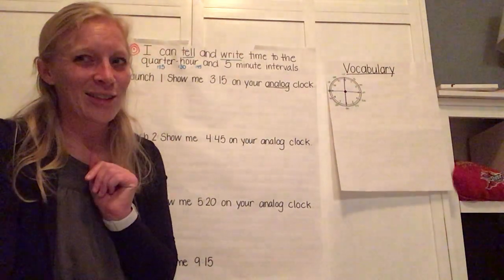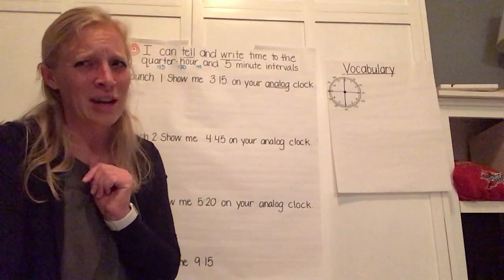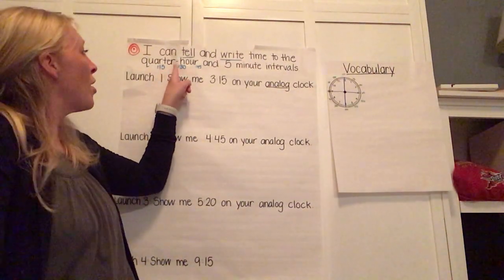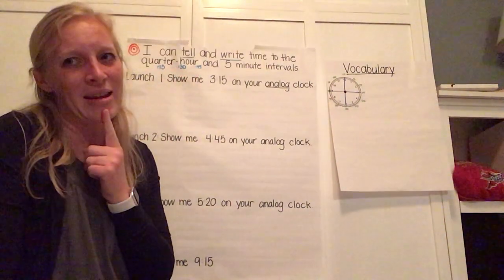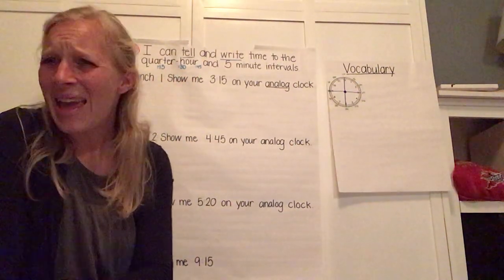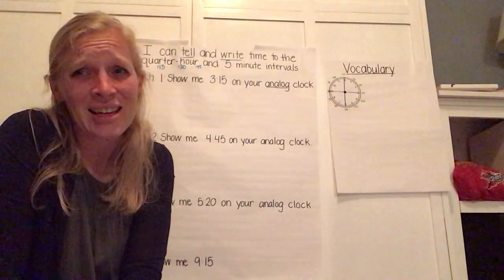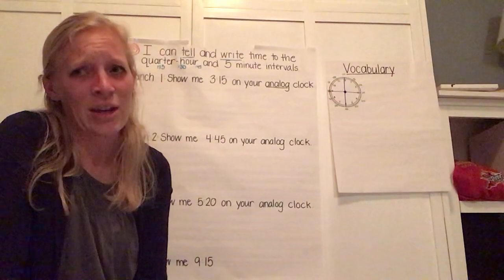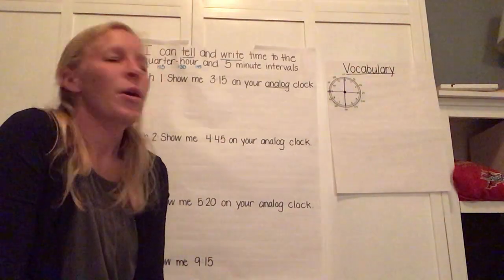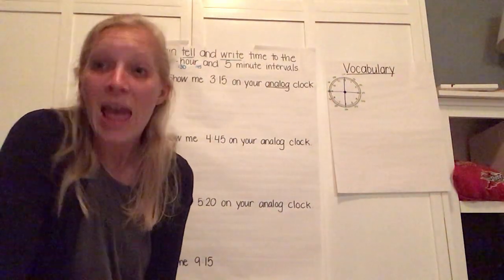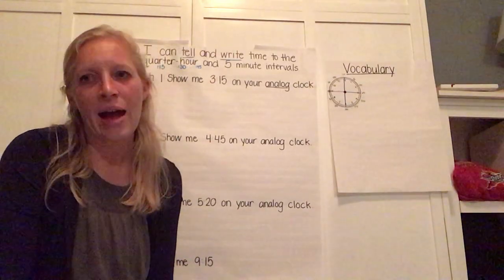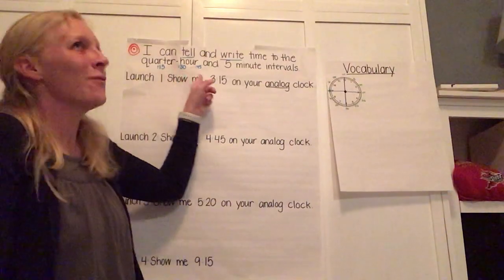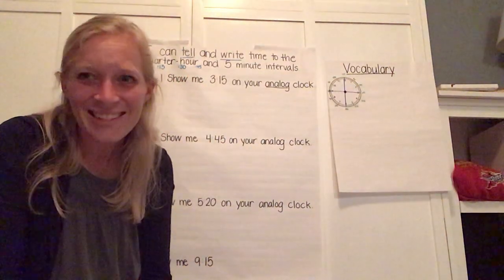Now, the tricky part is we've already learned about our quarter hour, our 15, our 30, and our 45 minutes. But what we haven't dove into yet in second grade is this idea of this 5-minute interval. Now, we know how to count by fives, and we've even put to use counting by fives to help us figure out this 15, 30, and 45 minutes on our clock, right?